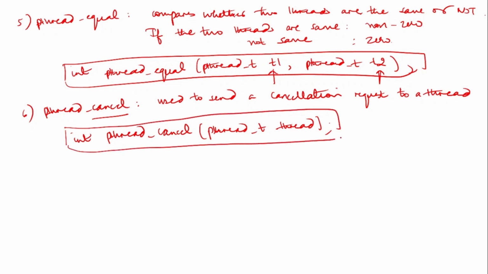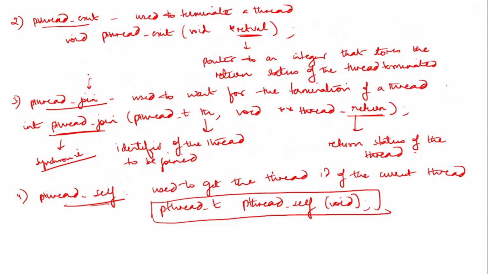So again, this is pretty much self-explanatory, and the final function is pthread_detach. It is used to detach a thread that was earlier joined. A detached thread does not require one very important thing. We looked at the pthread_join function.